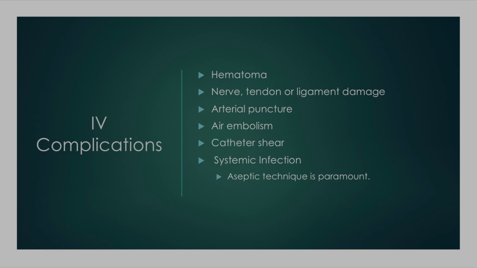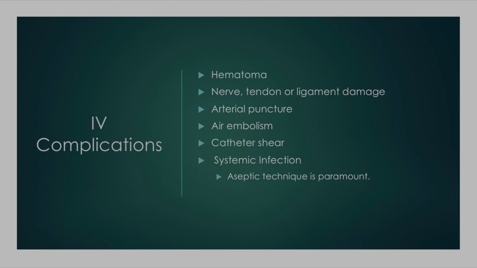Additional IV complications require prompt recognition and action. A hematoma often occurs when the needle punctures the back wall of the vein or when pressure is not held after removal. Signs include rapid swelling, bruising, pain, and inability to flush. If this occurs, stop the attempt and apply firm pressure.